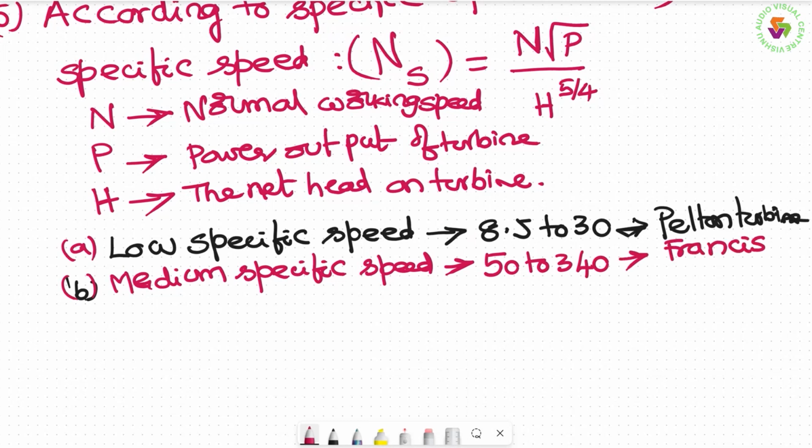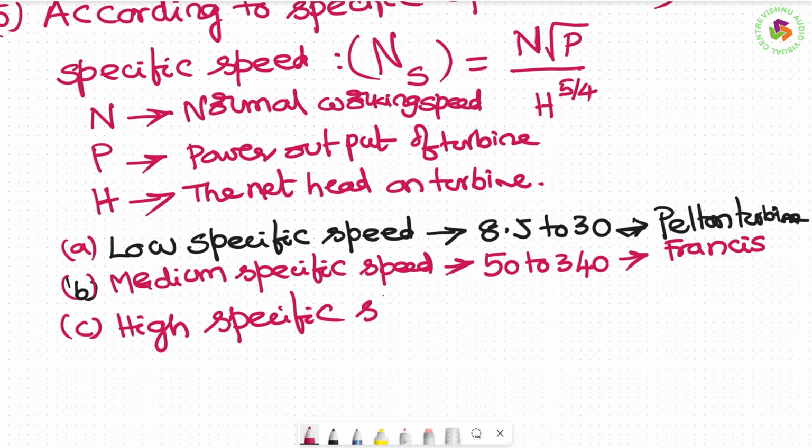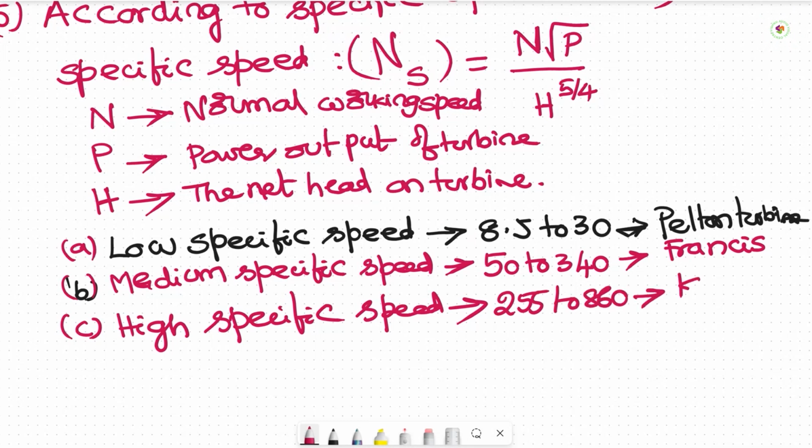So medium head turbines are medium specific speed turbines. And last is high specific speed. All are interlinked. High specific speed means it will be around 255 to 860. This is Kaplan. So this is another classification.